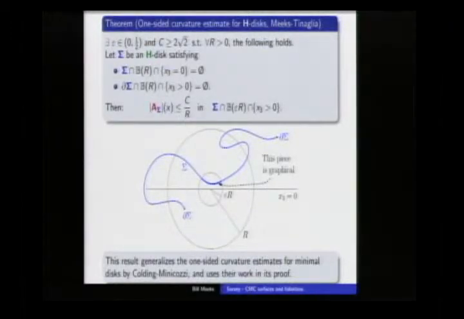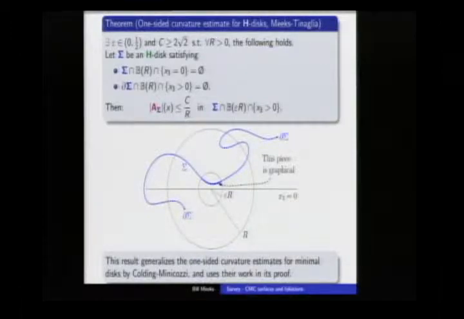So the boundary lives outside of the top hemisphere of the ball. We don't know the topology of this. This could be a planar domain, it's just a portion of the disk. But anyway, what we get is a curvature estimate that works for any value H. All right.